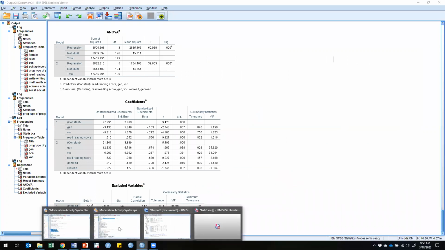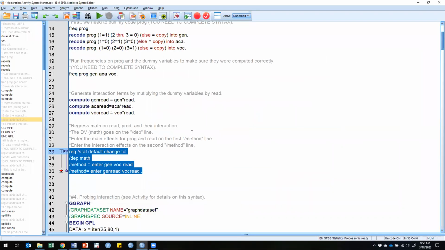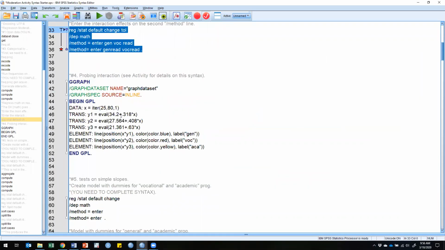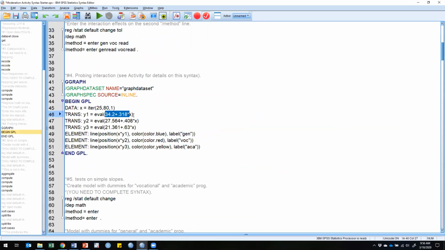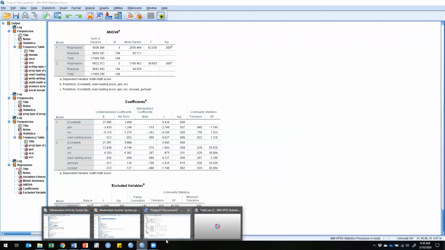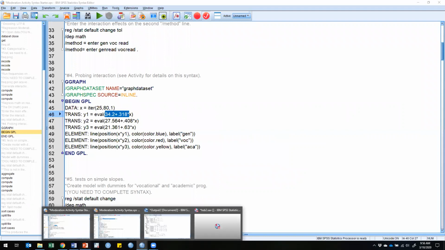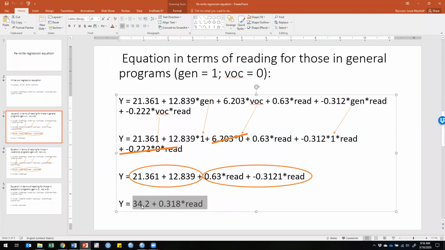Let me pull up my syntax. And so that's what I put in here for general. I put in what we found, 34.2 plus 0.318 read.